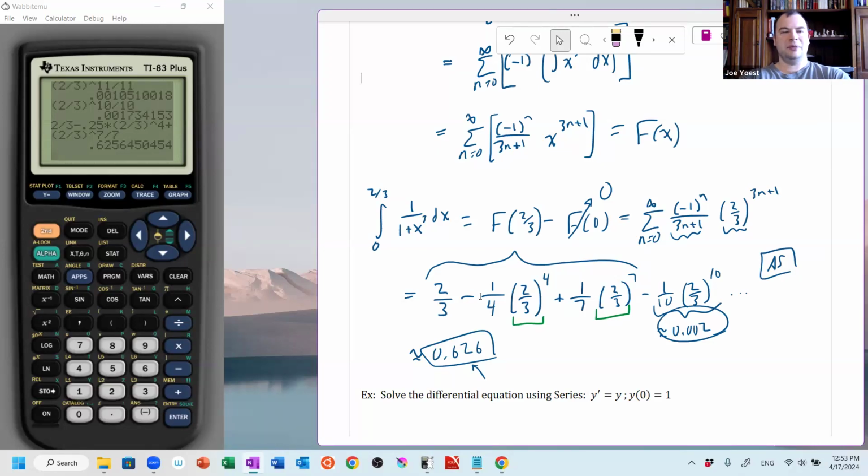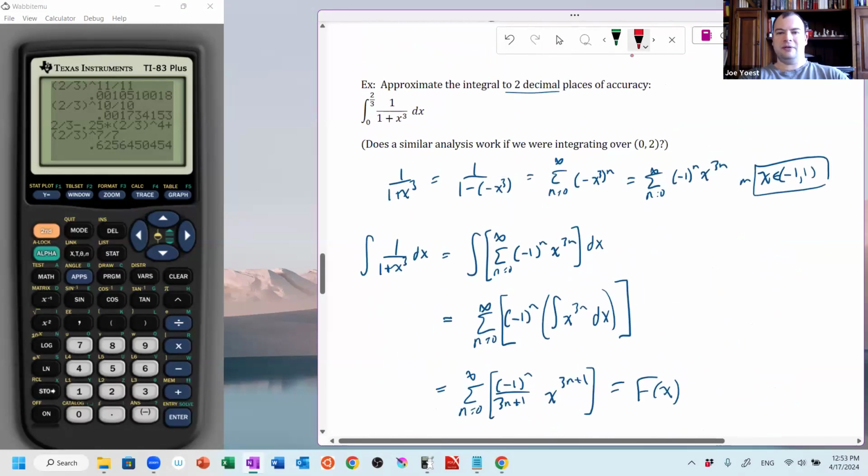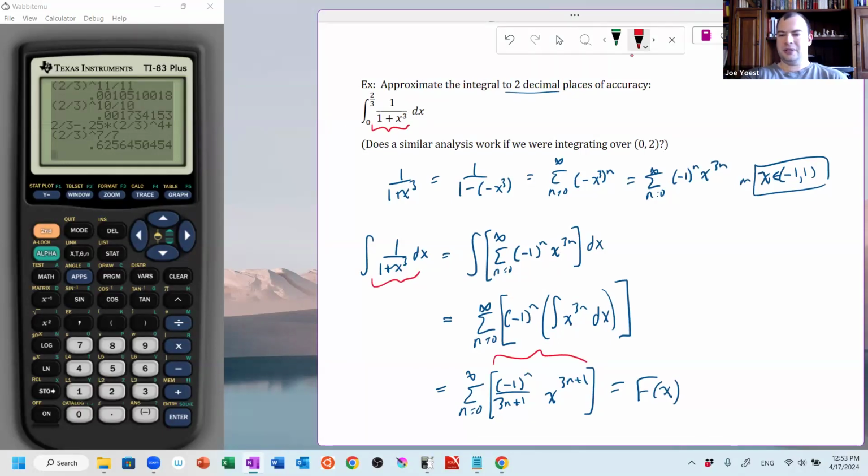We'll actually see when we talk about Taylor series that we'll be able to apply a technique like this a bit more generally. We won't have to get lucky, in a sense, and end up with an alternating series. We'll have a more formulaic approach to get a power series representation.